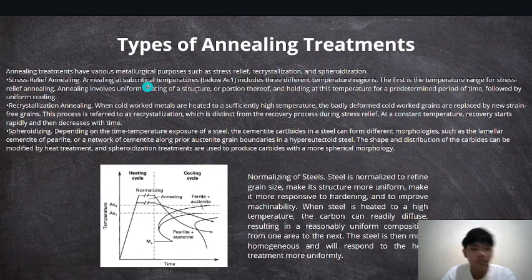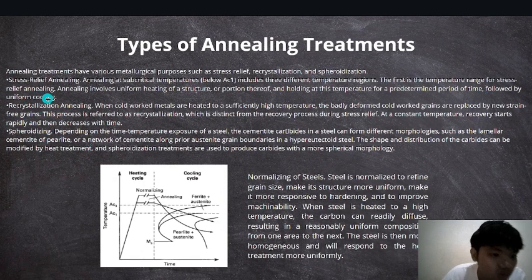Annealing at subcritical temperatures includes three different temperature regions. The first is the temperature range for stress relief annealing. Annealing involves uniform heating of a structure or portion thereof and holding at this temperature for a predetermined period of time, followed by uniform cooling.